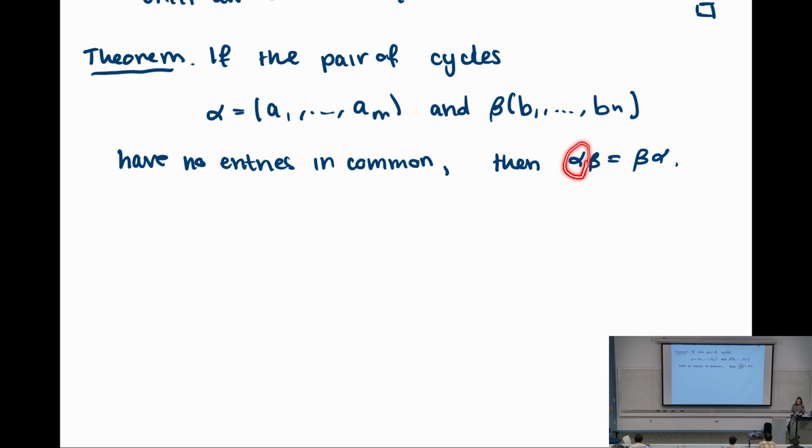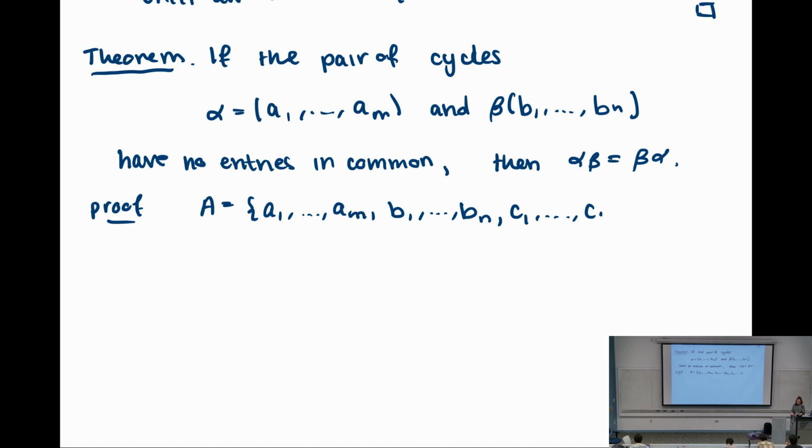If it's one of the A sub i's, then alpha will do something to it. And if it lies outside of either of those cycles, then that is yet another case. So let's say the set that we're working with, A, consists of the A's, the B's, and then some other elements, C, that are not involved in these cycles.